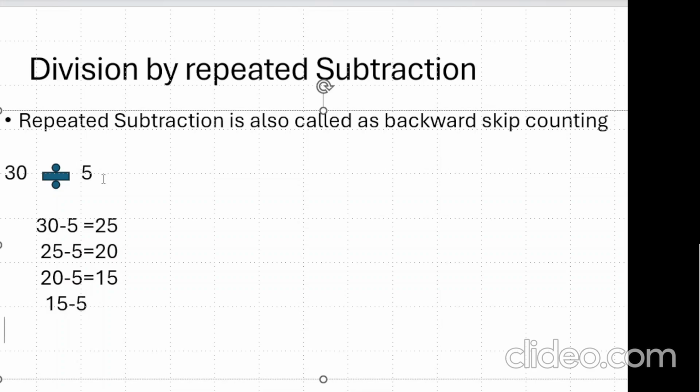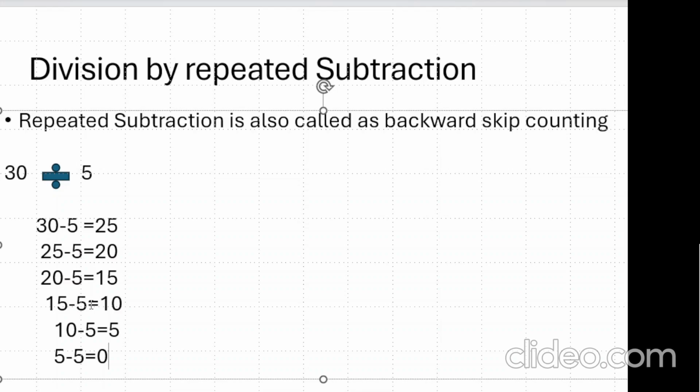Fifteen minus 5 is equal to 10. 10 minus 5 is equal to 5. Then we have 5 minus 5 is equal to 0. So we need to do any problem using this repeated subtraction till we get 0 as a final answer.